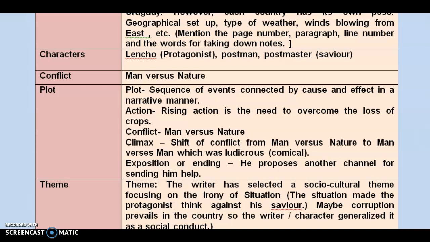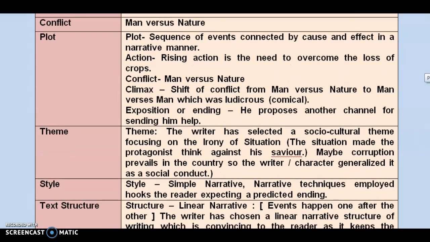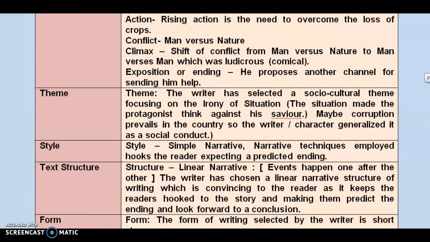The climax is a shift of conflict from man versus nature to man versus man, which is quite ludicrous, laughable, comical. The ending of the story is such that he proposes another channel for sending the money for his help, as he mentions that the postmen or the postmasters are crooks.